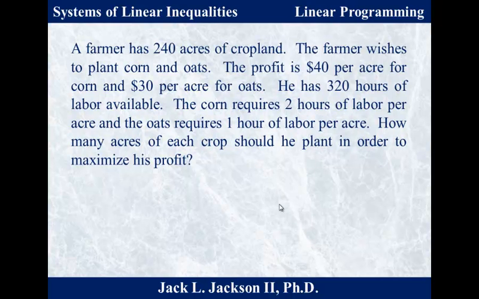Once you get those, graph that system of inequalities, reduce it down to whatever region you get. And then you also want to write down a profit function, which is a function of x and y, and then maximize that. Try that yourself now. Press pause.